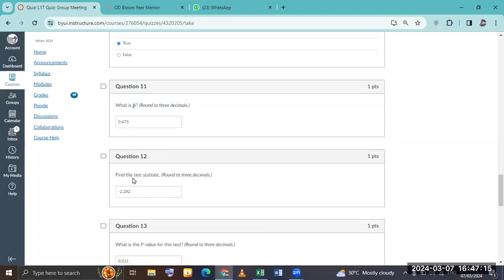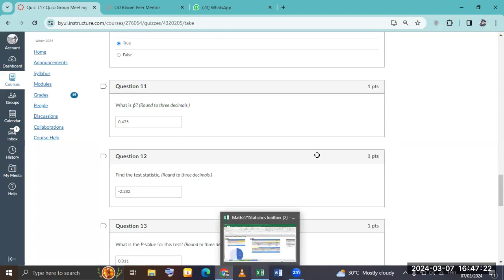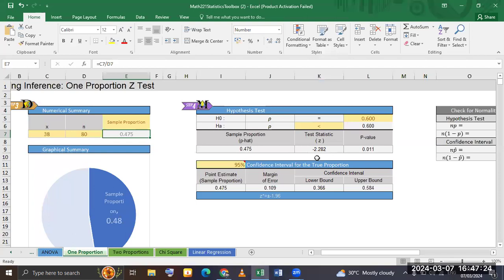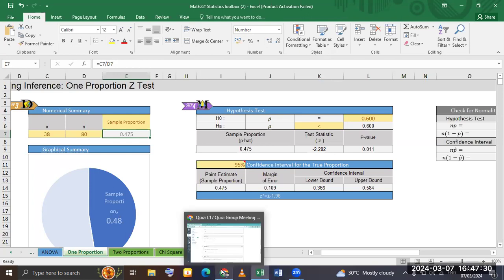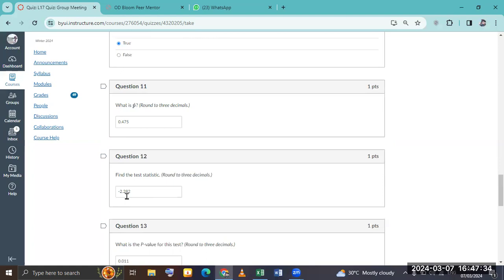And then here they're asking for the test statistic. I just came back to this one, then I got negative 2.282, which is this one, right?